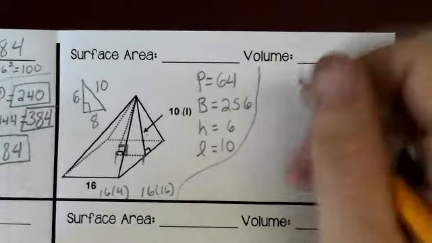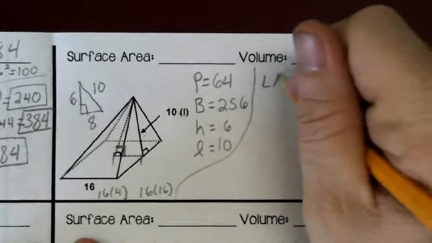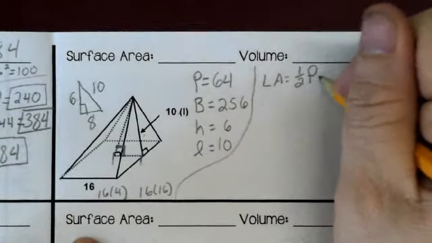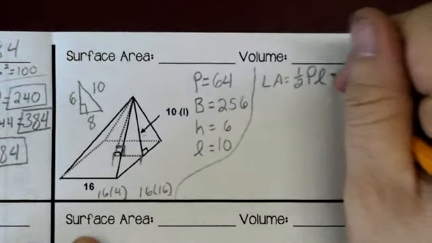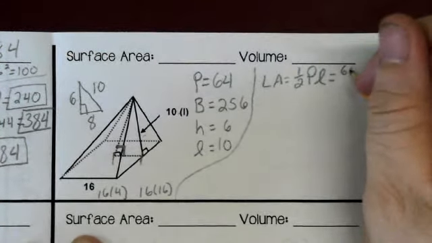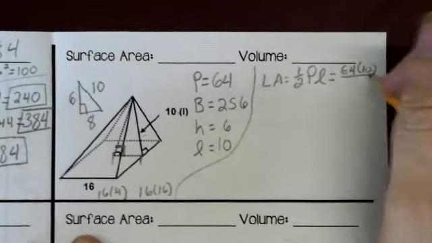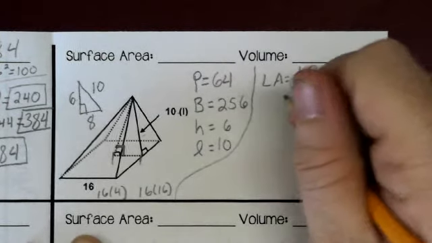Now, for the lateral area, remember that is 1/2 of the perimeter times the slant height. So my perimeter is 64 times my slant height of 10 divided by 2 gives me a lateral area of 320.